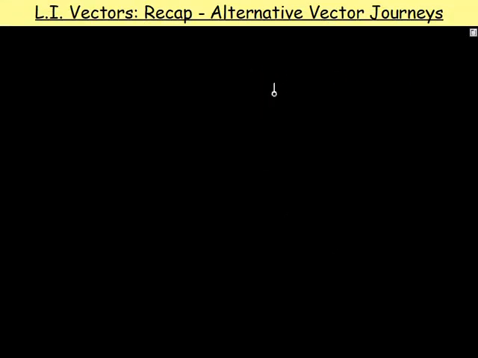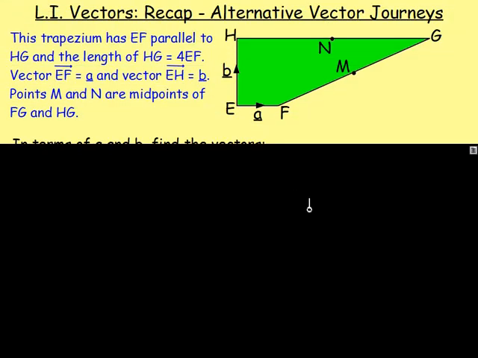Something else we then looked at was alternative vector journeys. So for example, this trapezium here has EF, so there from E to F, parallel to HG. So these two lines are parallel, and the length of HG is 4 times the length of EF.